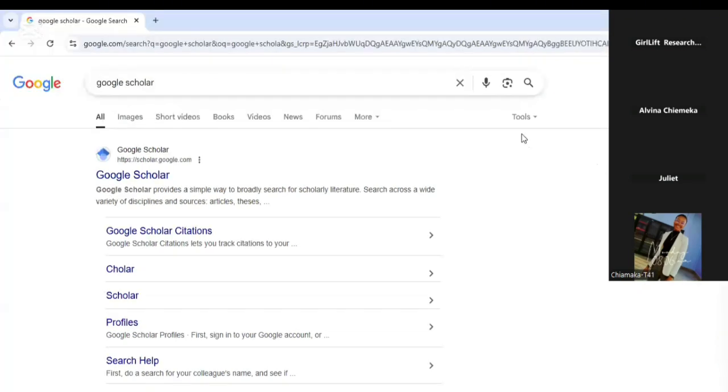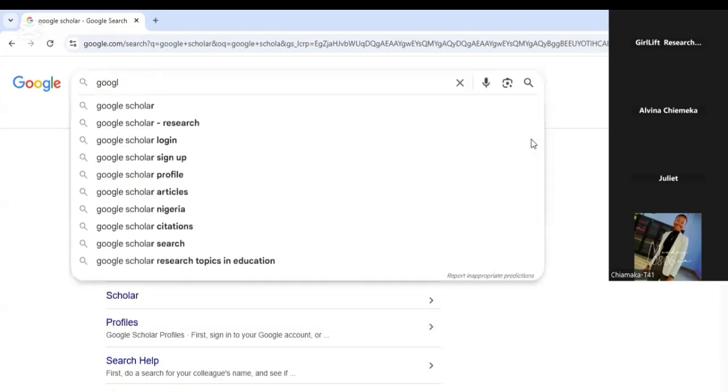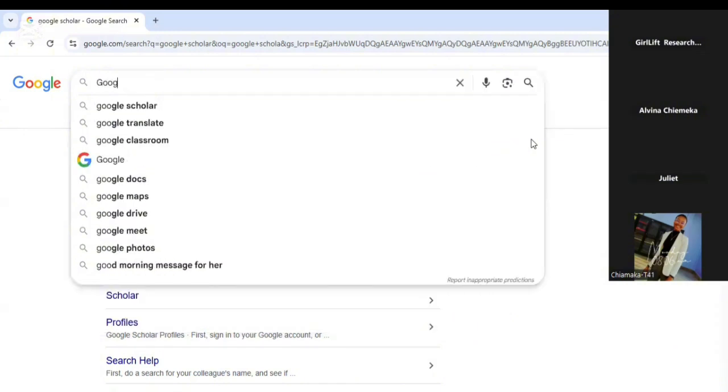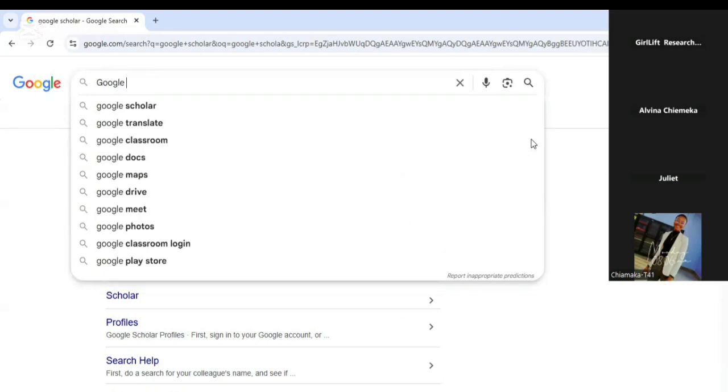Okay, so for me, one very good place to find papers is called Google Scholar. Yes, this very first one, Google Scholar. You can write it down. So Google Scholar is your go-to place any day, anytime to get peer-reviewed papers that you can use.